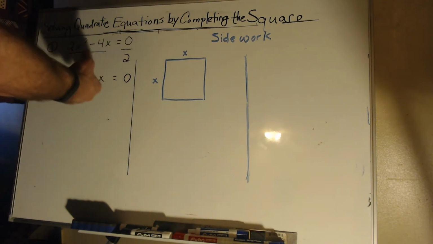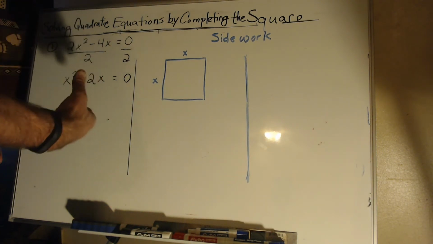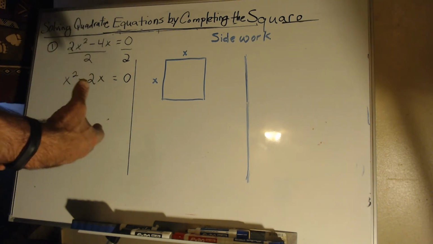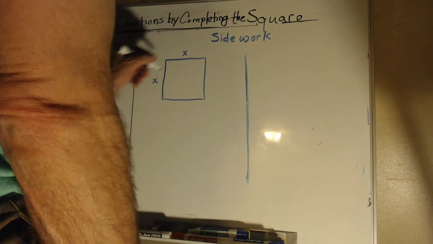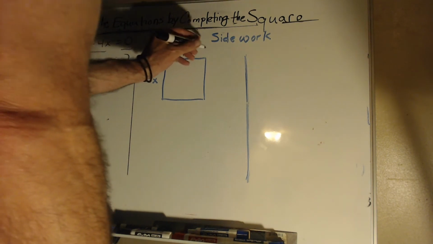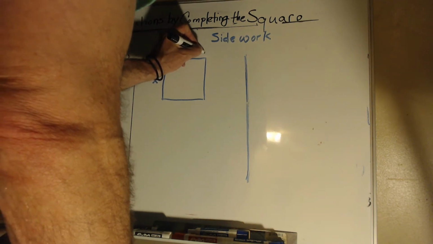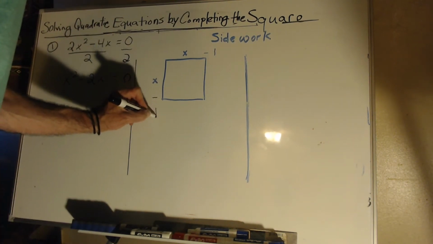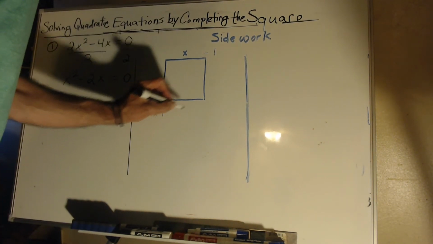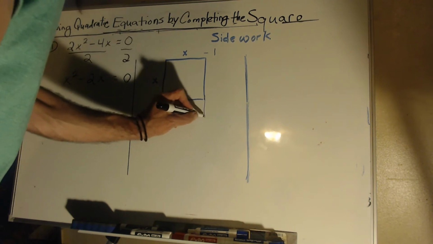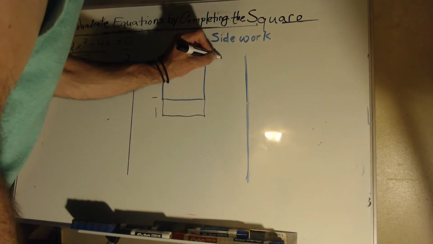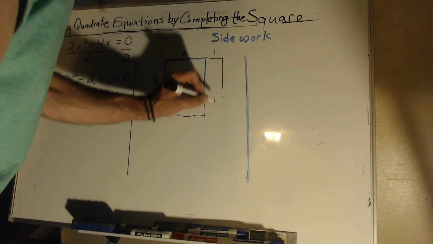We split up that negative 2x evenly, divide it by 2. That means that we'd have to have areas of minus 1x for our rectangles that we're attaching at the right and the bottom.